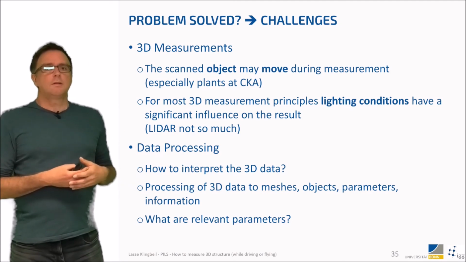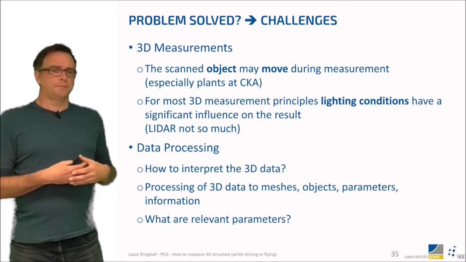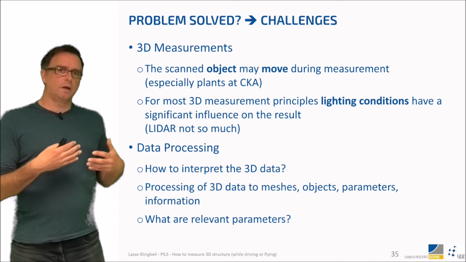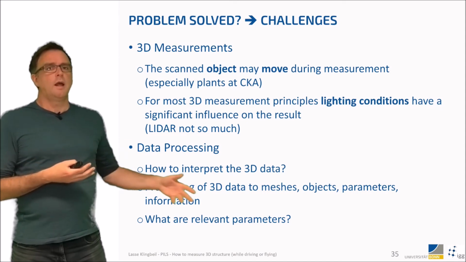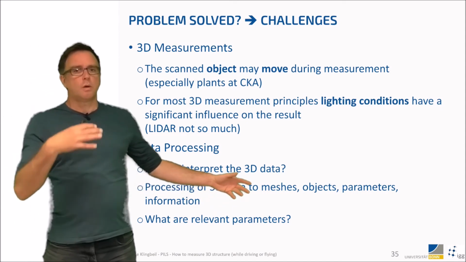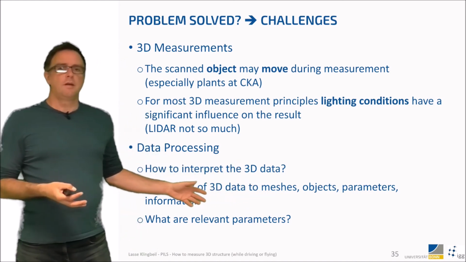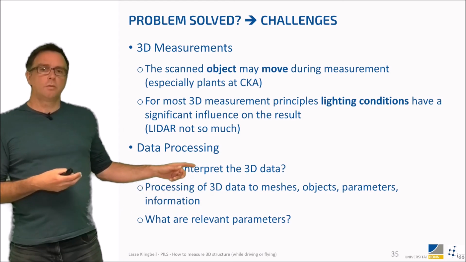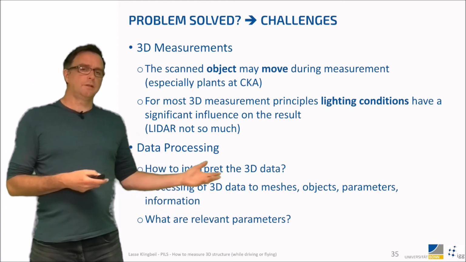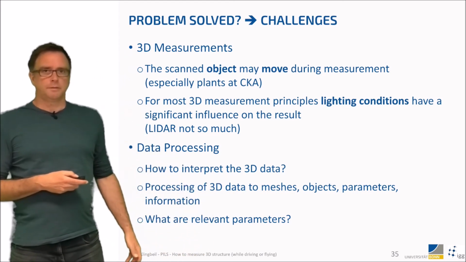And last but not least, the data processing is tricky, because you need to ask how to interpret the 3D data, and how to process them to measure the objects, parameters and information that I want. What do I actually want? What are the relevant parameters? And how do I get from the points to those parameters? These are also interesting questions.